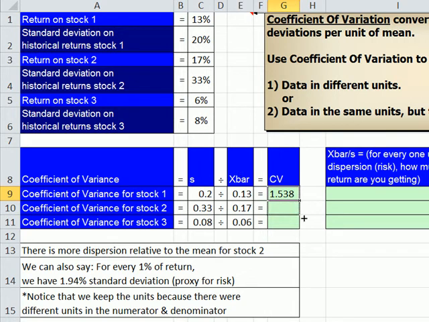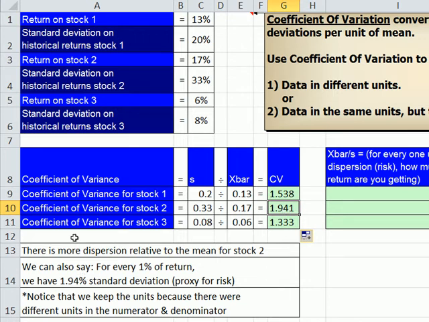So I'm going to copy this formula down. Right? And so it is a way to compare when we have different means, compare our variation. Here, 1.5, 1.9, 1.3. So clearly, the coefficient of variation, which tells us the relative variation or standard deviation, is highest for stock number 2.